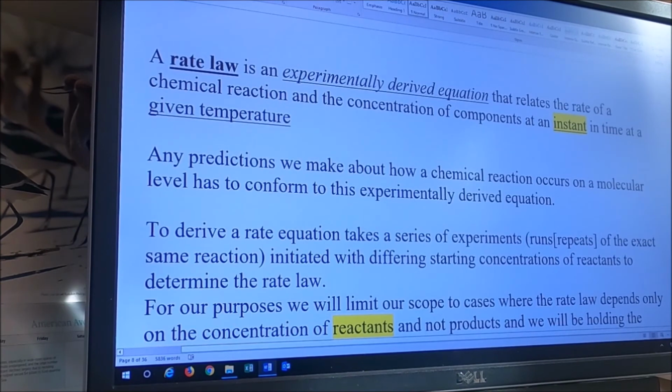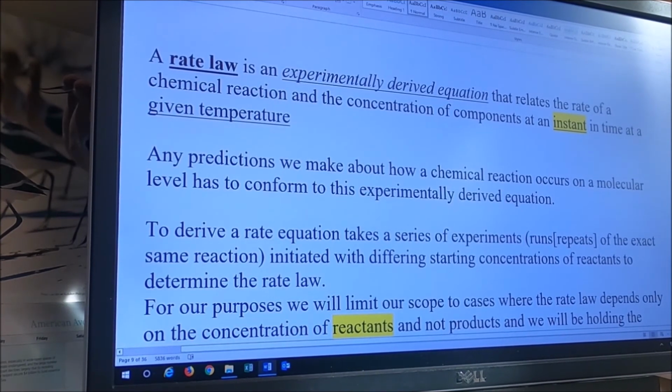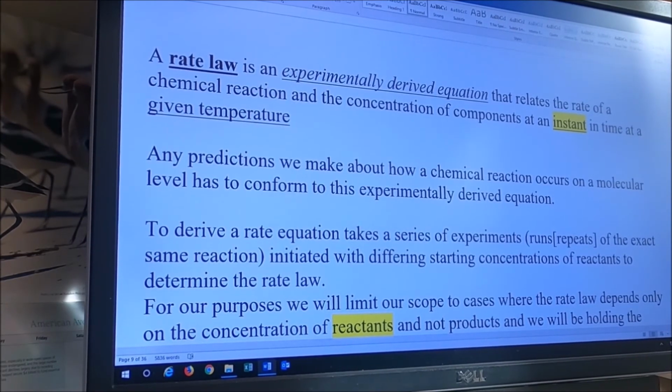Now the rate law is an experimentally derived equation, which means I can't look at the chemical reaction and derive this equation. I have to do experiments and get data to get this. It relates the rate of a chemical reaction and the concentration of the components at an instant in time at a given temperature.